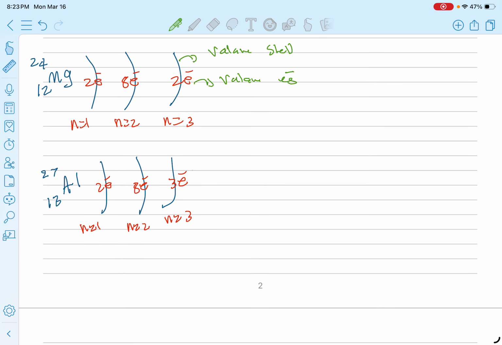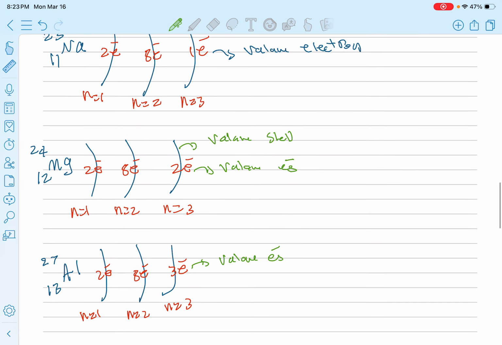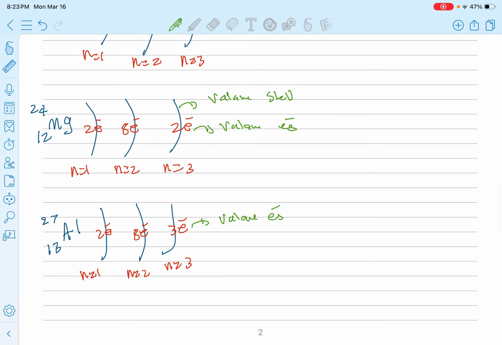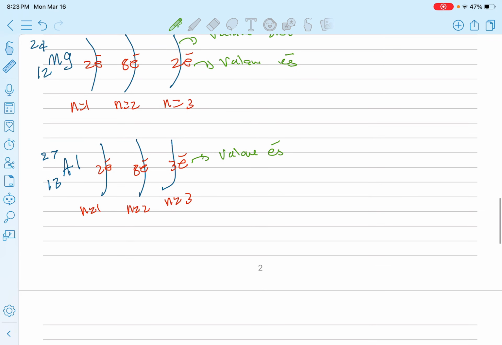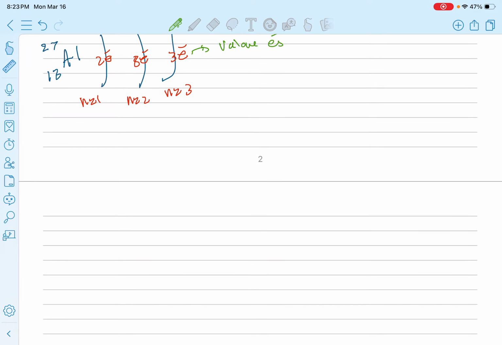Again for aluminum, these are the valence electrons in the valence shell. So you will see that sodium is in group 1, with 1 valence electron. Magnesium is in group 2, with 2 valence electrons. And aluminum is in group 3, with 3 valence electrons. So the number of the group in the periodic table is equal to the number of valence electrons.